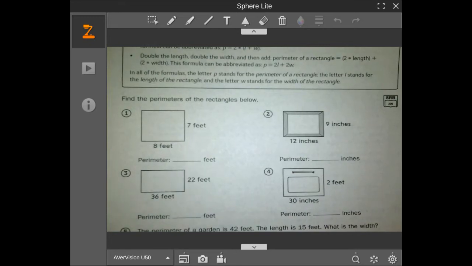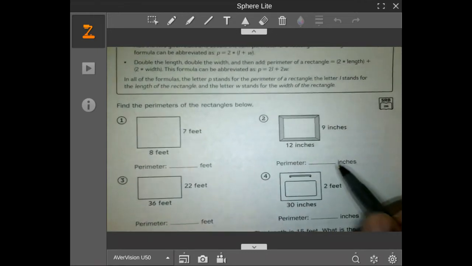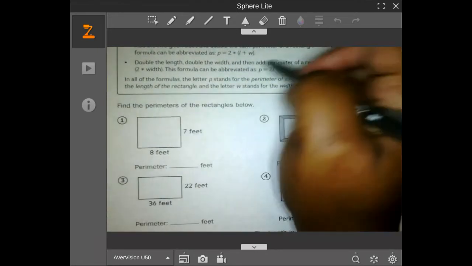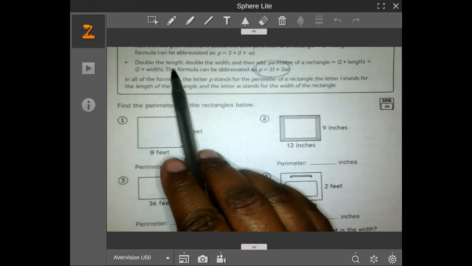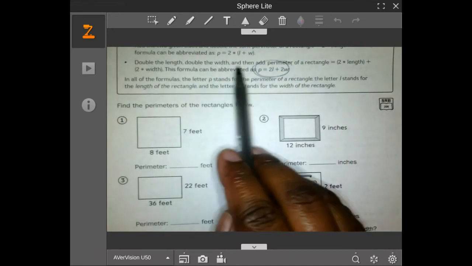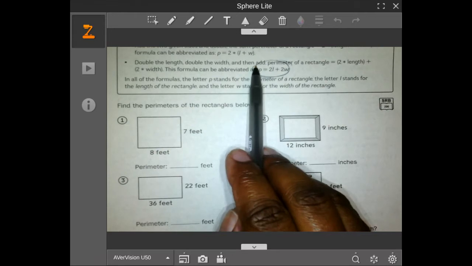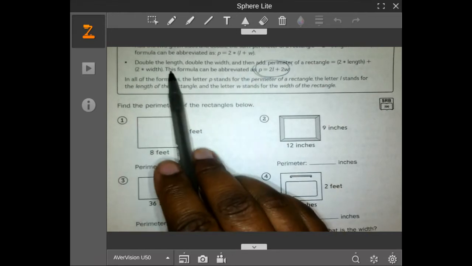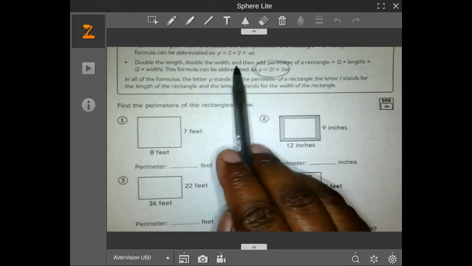How can I determine my perimeter? Okay, we can use a different formula. Instead of adding like we did, how about we double the length, double the width, and then add? Let's try that.